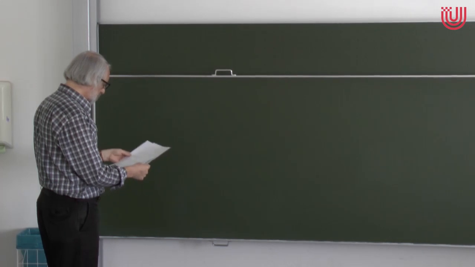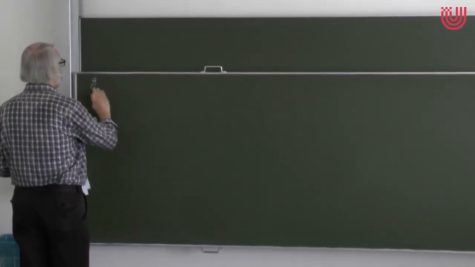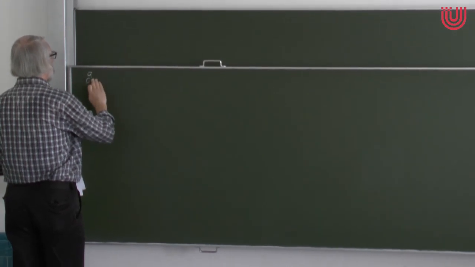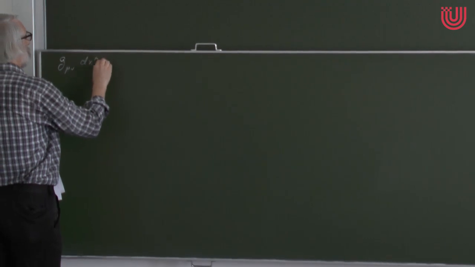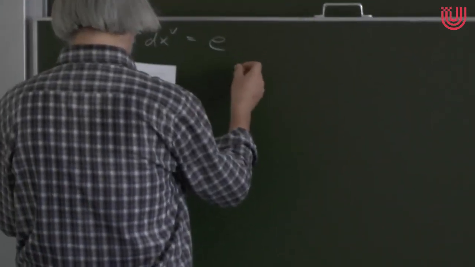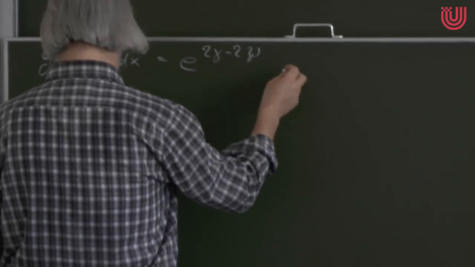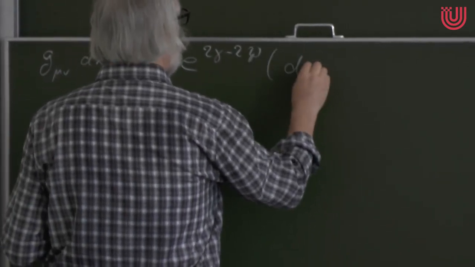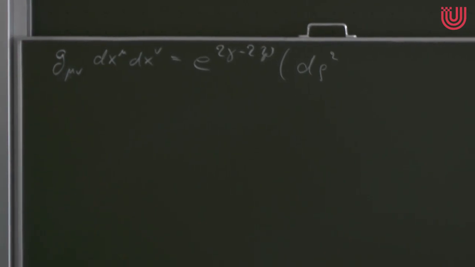I have to write the metric again in this form, where W is equal to rho. The metric takes the following form. There are coordinates rho, phi, z, and t.